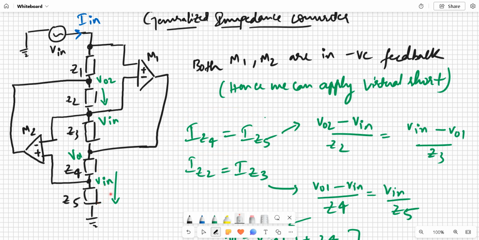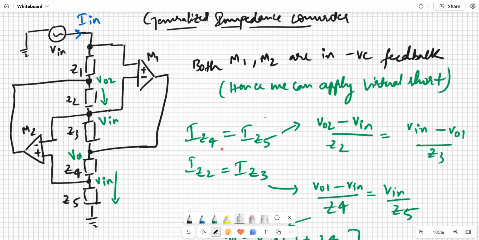Current through Z4 will be (V01 minus Vn) upon Z4, and the current through Z5 will be (Vn minus 0) upon Z5. And the currents through Z4 and Z5 are equal.